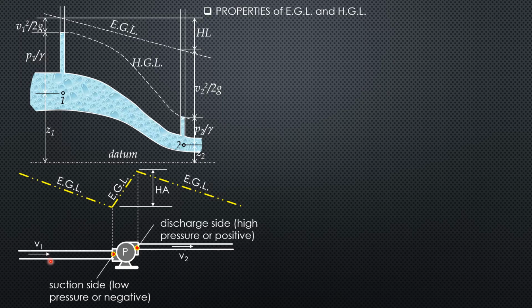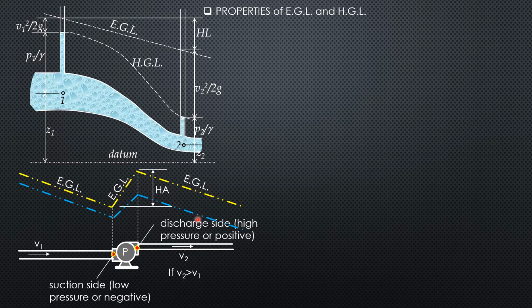So in this case, V2 is greater than V1 because pipe 2 is smaller in section than pipe 1. So the hydraulic grade line will be closer to the energy grade line here because V1 is small. In this section they are parallel because the pipe is constant, but they are closer because V1 is smaller.